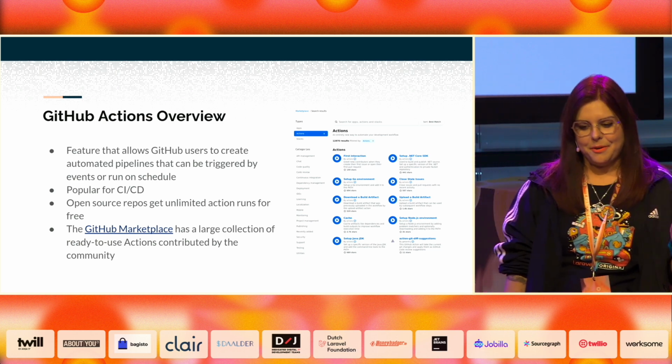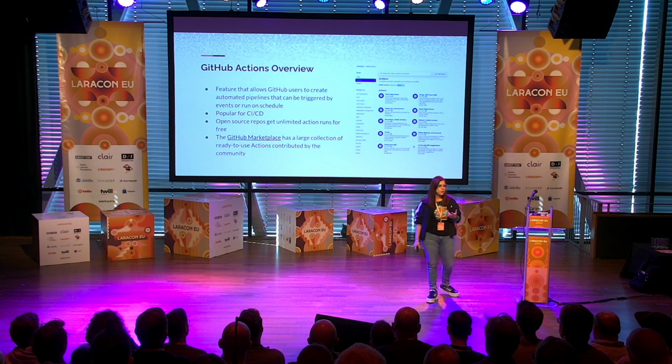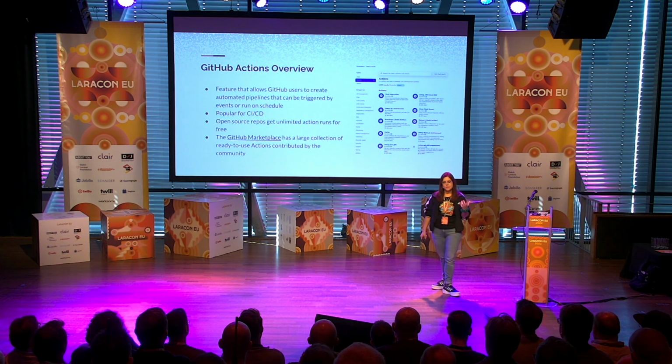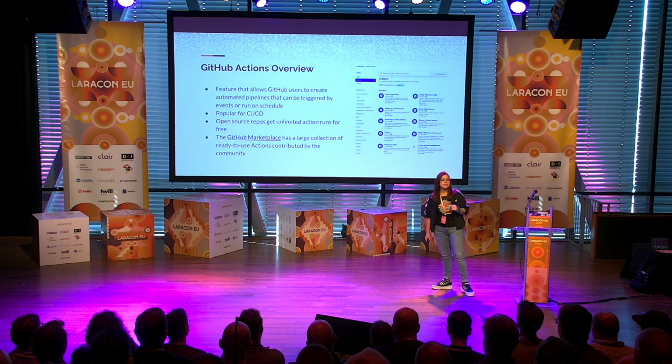I will talk about this in a moment. It's very popular to run CI/CD pipelines, of course. So one important thing is that open source repositories get unlimited GitHub Actions, unlimited runs for free, so you can really make use of that.